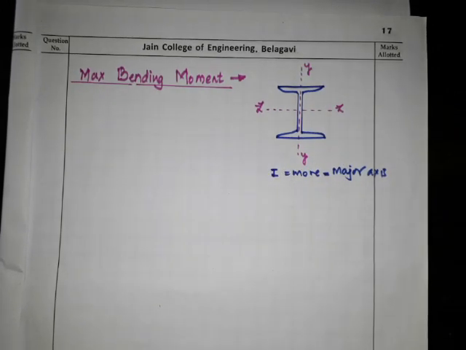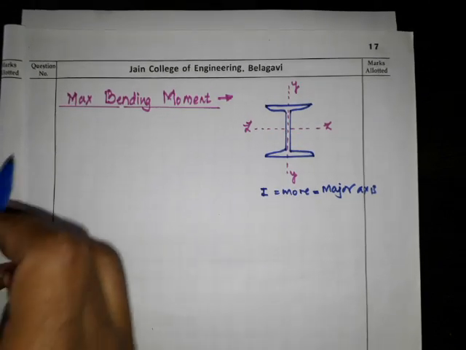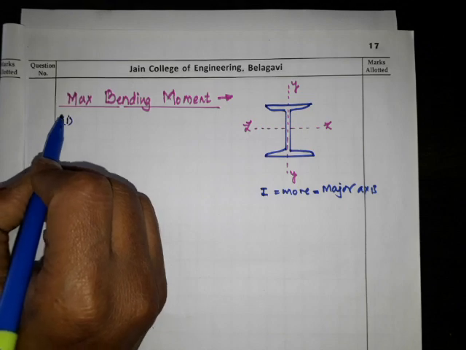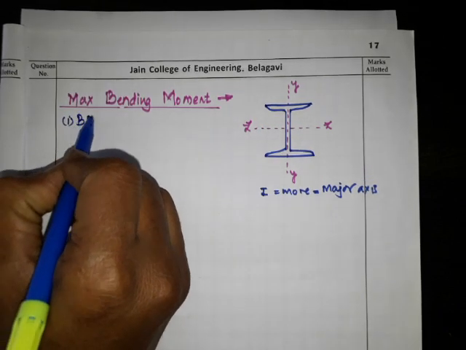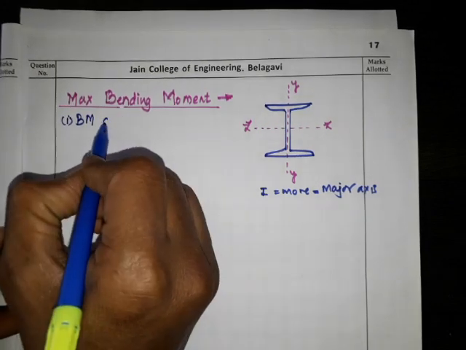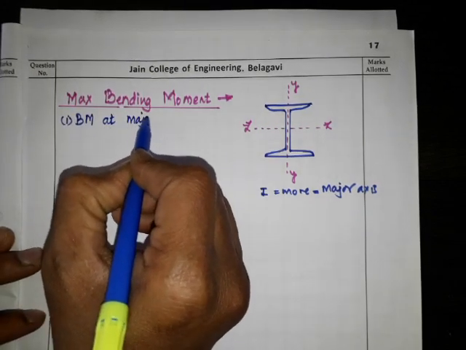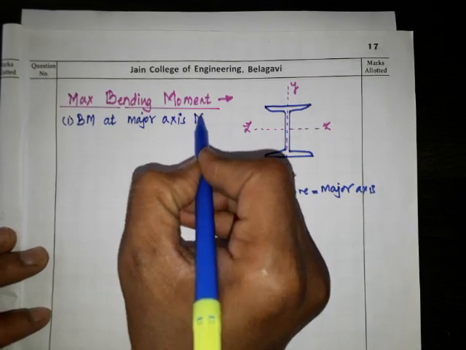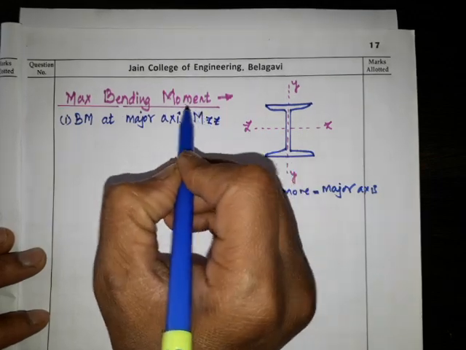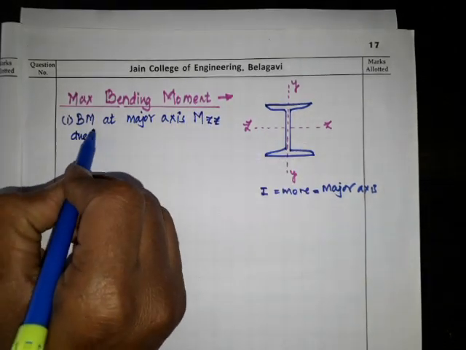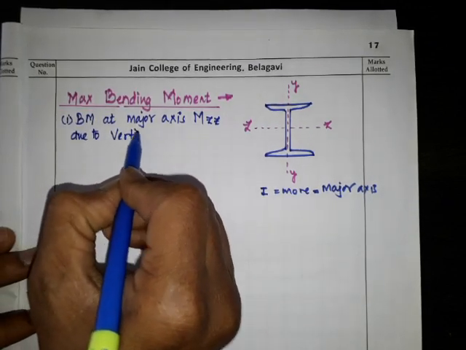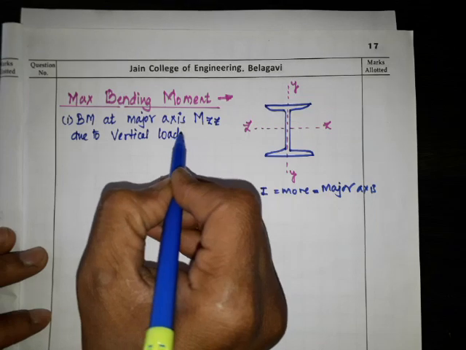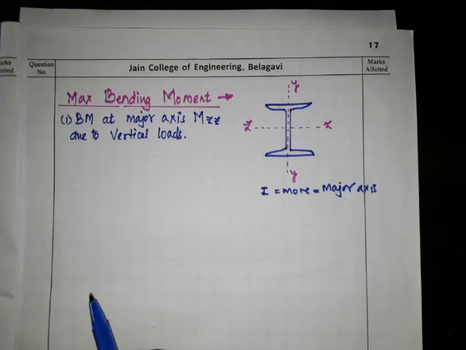So we are going to calculate here the moments due to vertical load about the major axis. So first, bending moment, BM, at major axis, MZZ, due to vertical loads, correct.